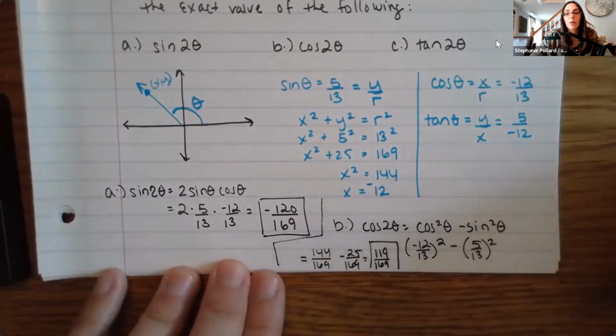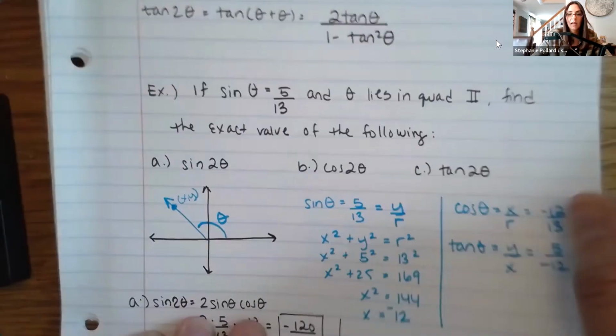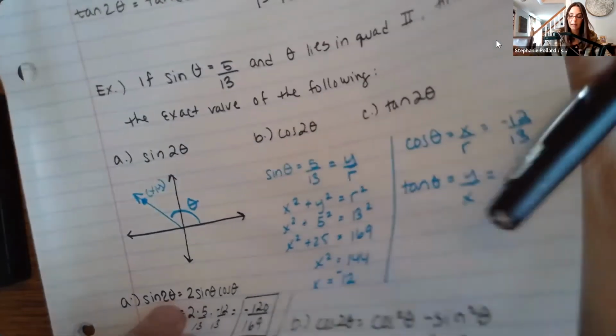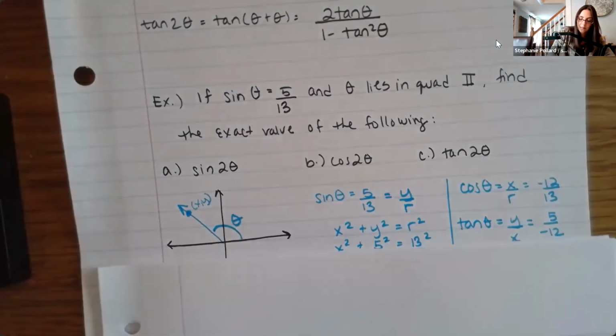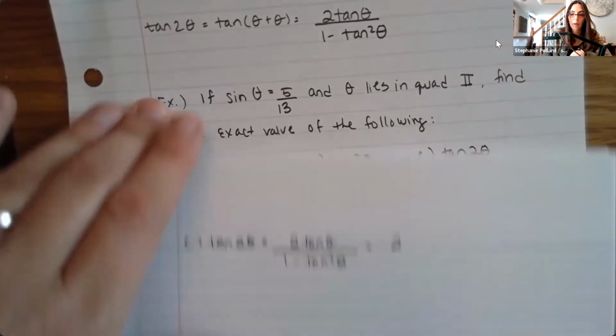Now the last one, I think I have to go to a different page, for part C, tangent of 2 theta. And again, I'm just using that formula here to plug everything in. So my tangent value here is going to be negative 5 over 12.